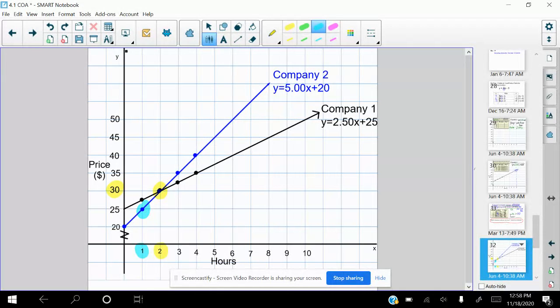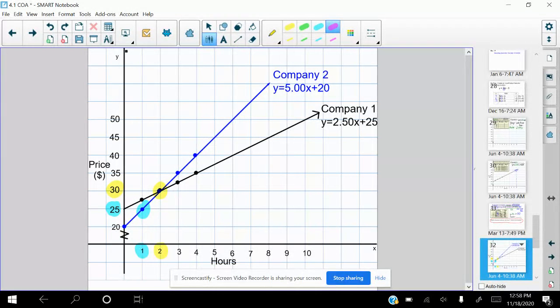Company 2 in blue is the lower cost. So if you were to choose between company 1 and company 2, you would want to go with company 2 because it's $5 cheaper. It's only $25 to rent for 1 hour with company 2. It would be $27.50 to rent with company 1.